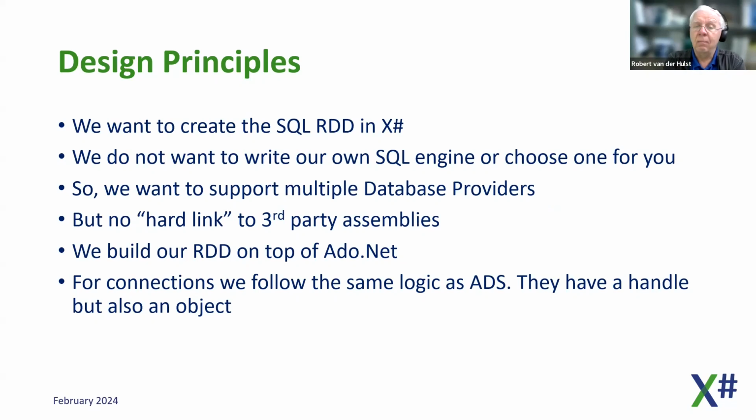There are dozens or maybe more SQL engines on the market, and why reinvent the wheel? In the whole XSharp project, we try to avoid reinventing the wheel, so in this case too. And we want to create an RDD that supports the database that you like. So not our database, but the database that you have a preference for.